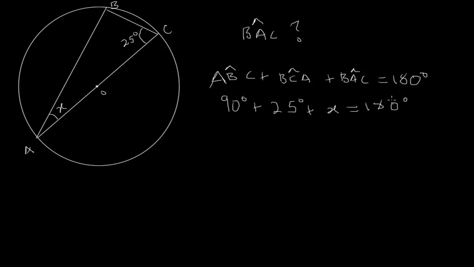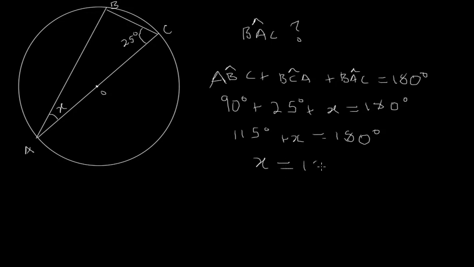Then we move on from there. What is 90 plus 25? 90 plus 25 gives us 115 degrees, plus x equals 180 degrees. This goes to the other side. We have 180 minus 115, so we've got x alone on this side.